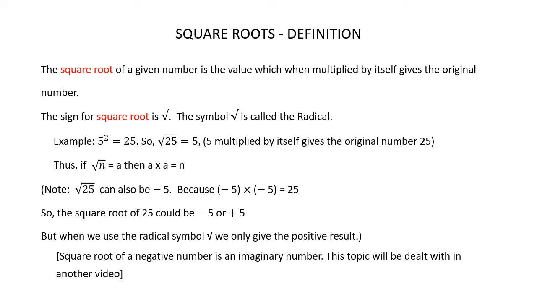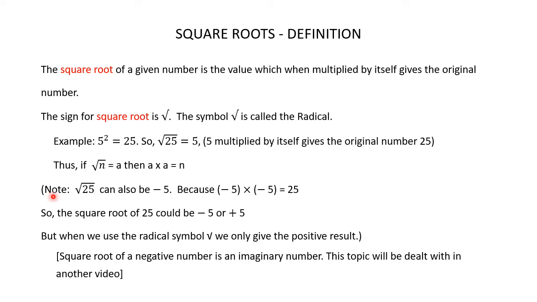Supposing the square root of n is a. This means that a multiplied by a is equal to n. The symbol for square root is called the radical.